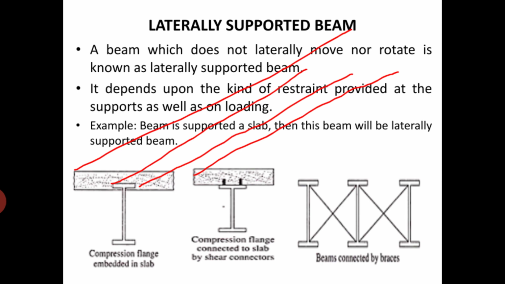And this phenomenon has a very close similarity to the Euler's buckling of columns. You have seen in Euler's buckling of columns, where the collapse is triggered before the column attains its squashing load.